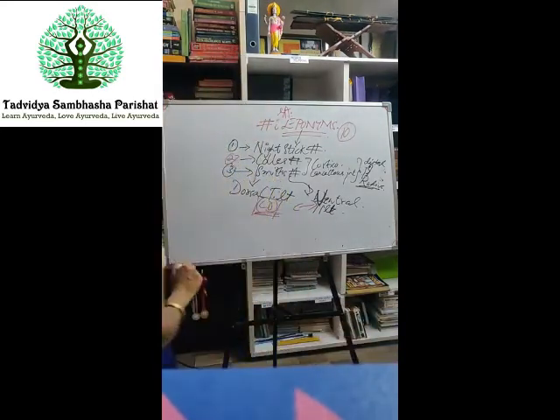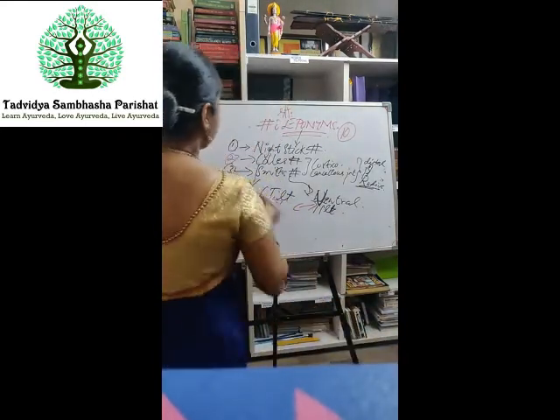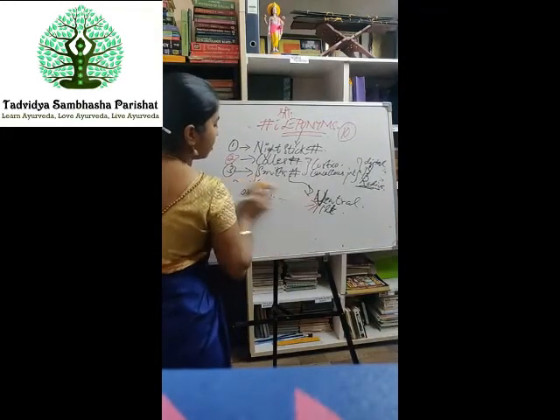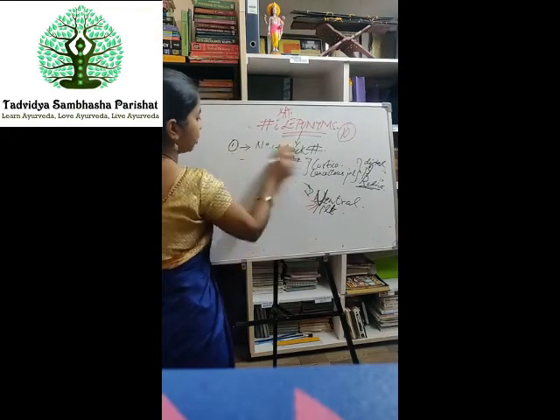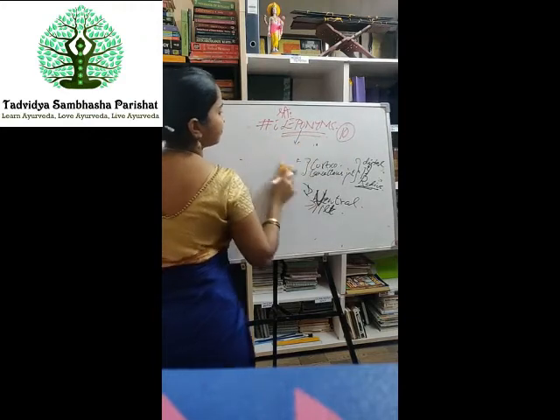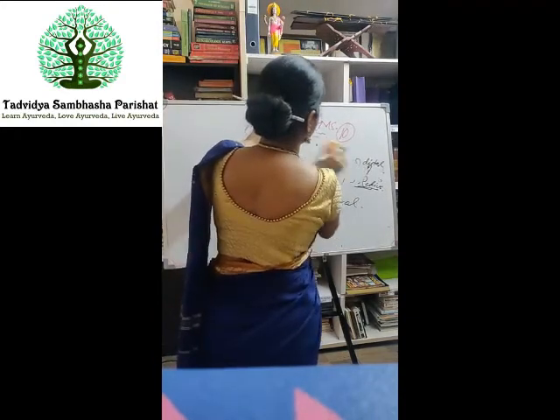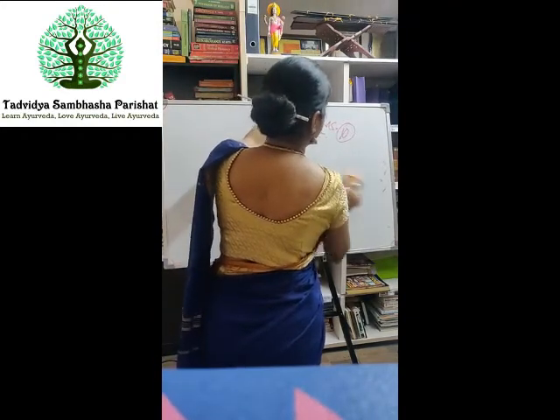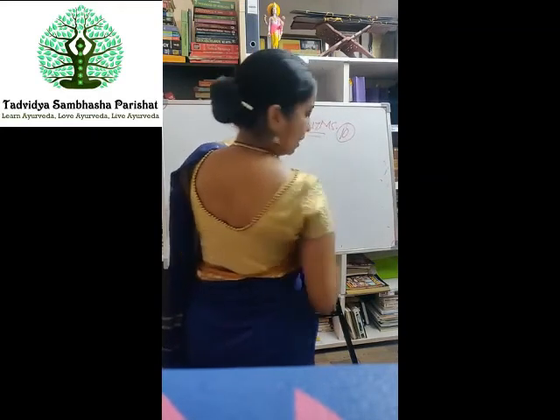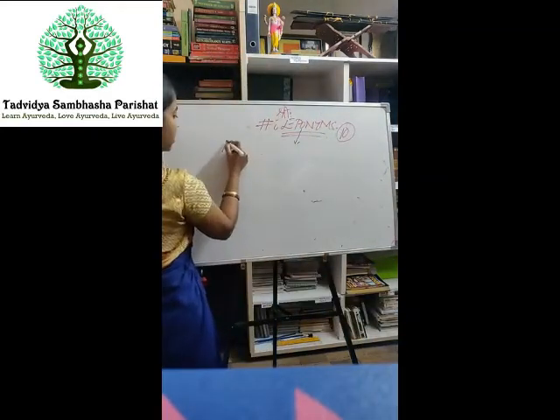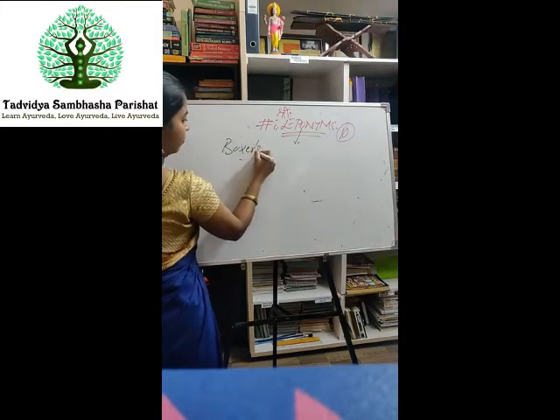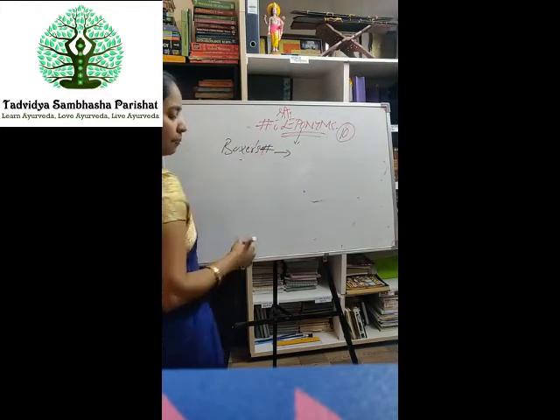Okay, we found this. The next famous fracture we usually see is something called boxer's fracture. Where does it happen?